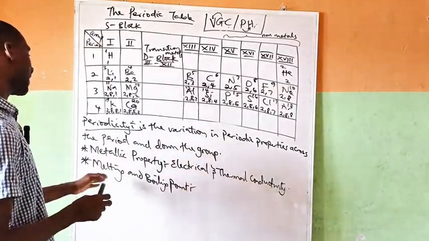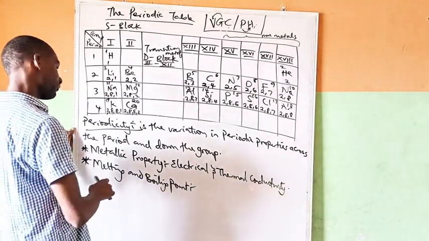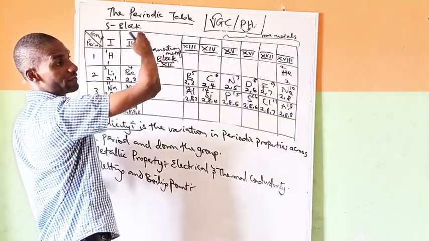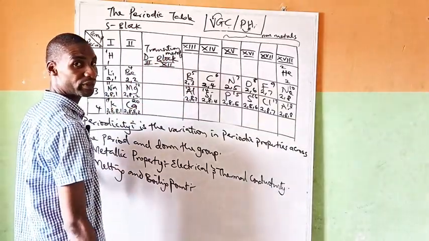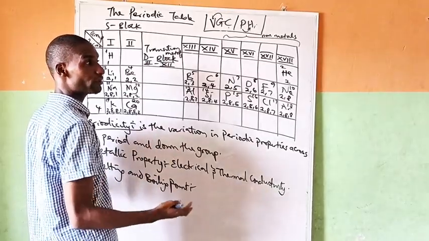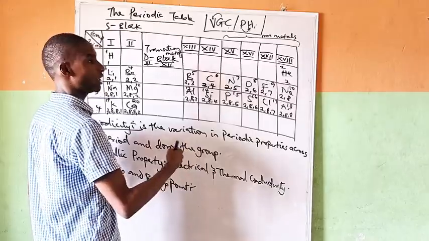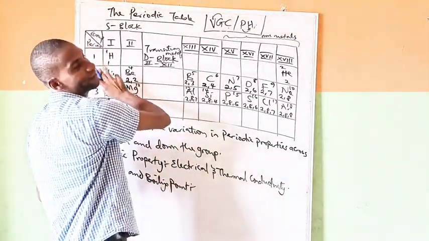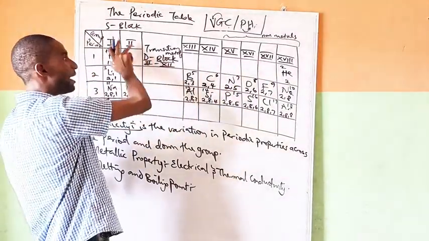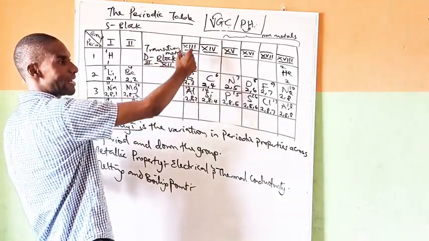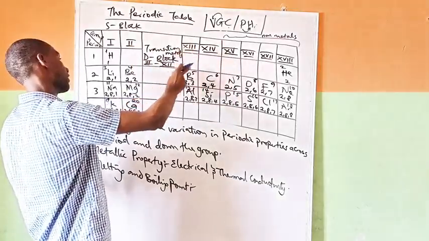Okay. All right. Melting and boiling point. Amongst the solids, they have very high melting and boiling points. Solids will melt, liquids will boil. So this property, melting and boiling point, decreases. Now, among the metals, it's increasing because these are harder compared to these.